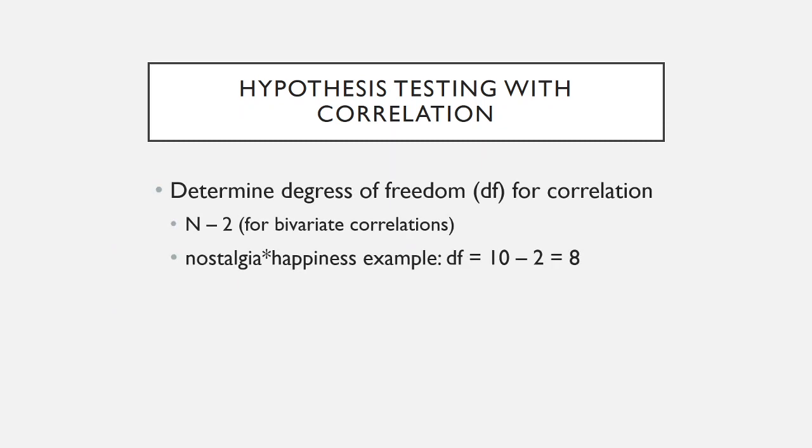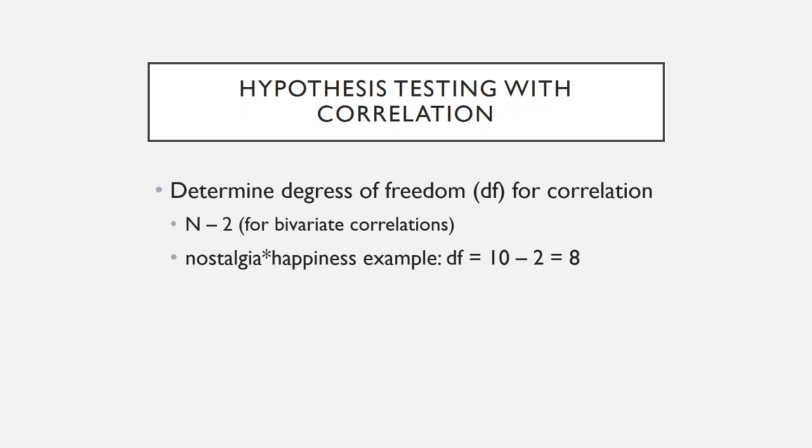So the first step to be able to find this critical r value that you'll be comparing your obtained r value to is that you'll need to determine the degrees of freedom associated with your sample. So we've seen degrees of freedom before, for example, when we learned how to compute the standard deviation. The denominator of that formula was n minus 1.